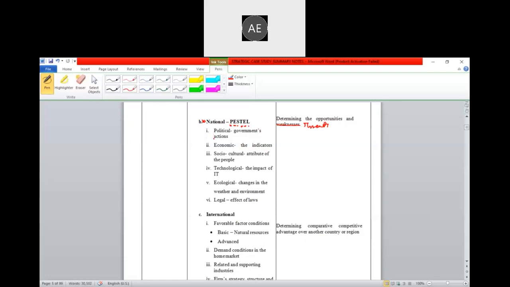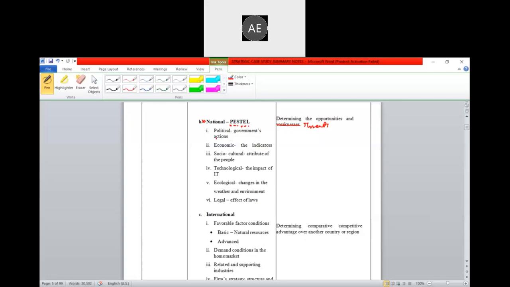Okay, so when you say political environment, in effect, we are talking about the political factors, the political actions, what government will do. So, for instance, we want to undertake national environmental analysis. We want to analyze Ghana to know the opportunities and threats in Ghana.